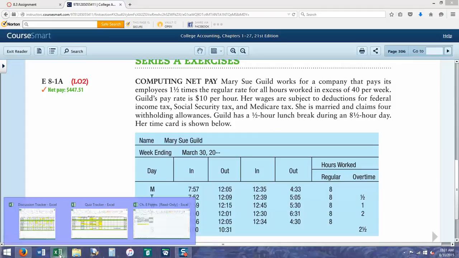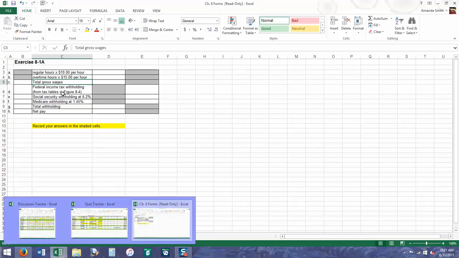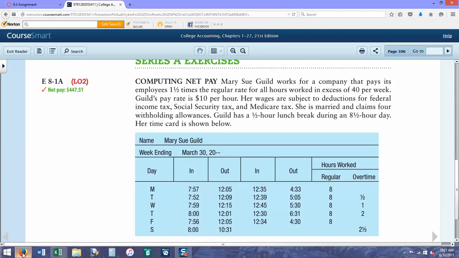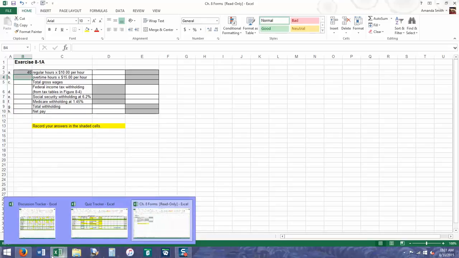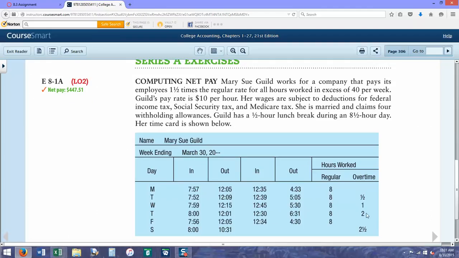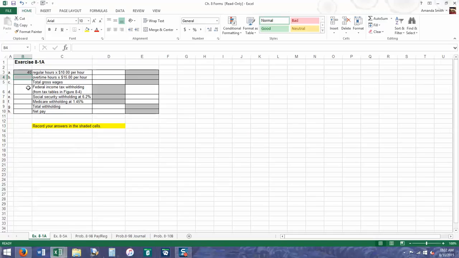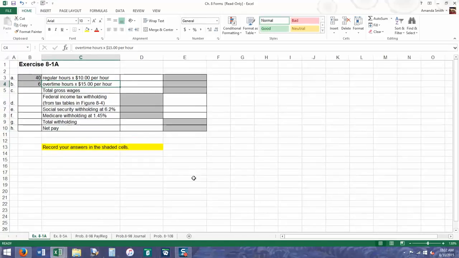So I went ahead and got the spreadsheet ready. If we look on the form that we're given, she works 40 hours for a regular week. Overtime hours, she works 6 hours overtime. And I changed it to where we see that it's $15 per hour and $10 an hour.